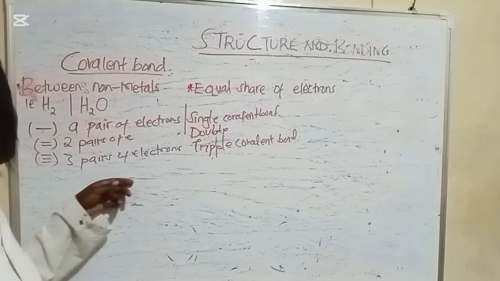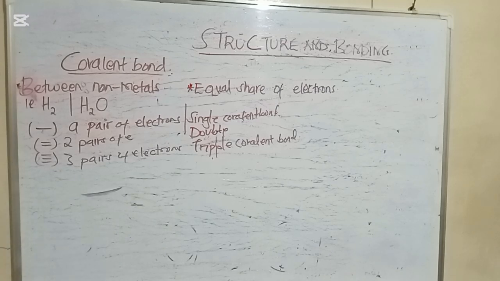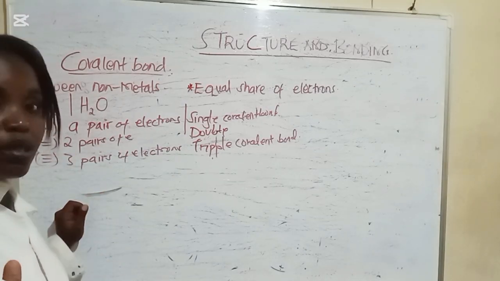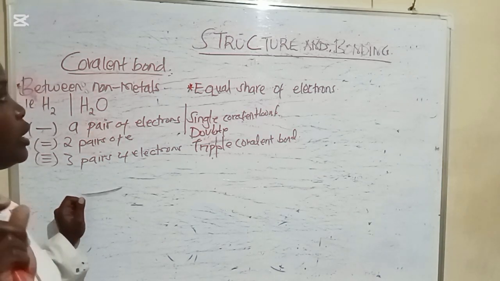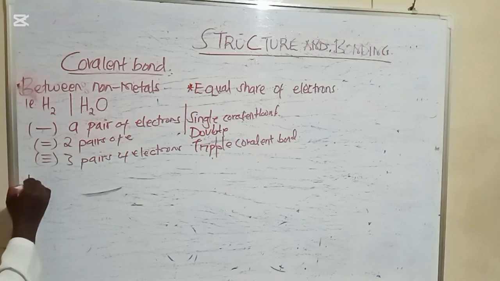Covalent bond. So now we are going to use diagrams to represent our covalent bonds. Now, let us talk about hydrogen. We said the first thing that you need to know is the atomic number so that you can know the configuration. And we said in ionic compounds, we draw all the energy levels, but in covalent bonds, we only draw the outermost energy level. So for hydrogen, the atomic number is what? 1.